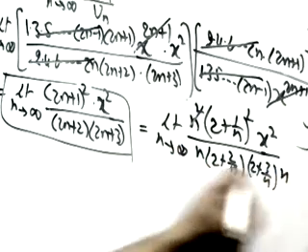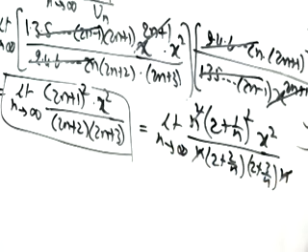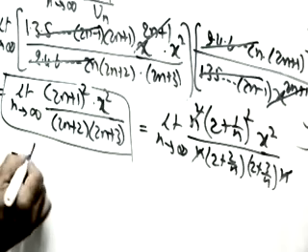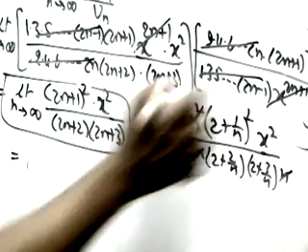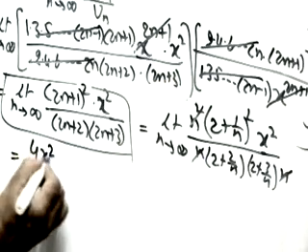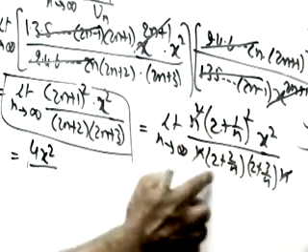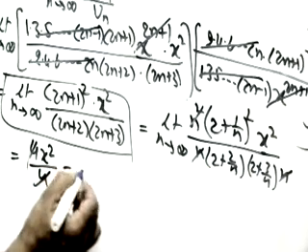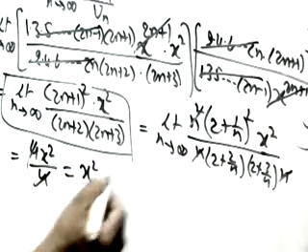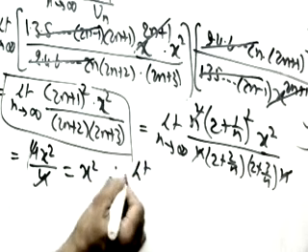So you can cancel n square. Now if you substitute the limit, 1 by n will be 0. 2 plus 0 is 2, 2 square is 4, 4x square by 2 twos are 4. So 4 and 4 get cancelled and we are left with x square.